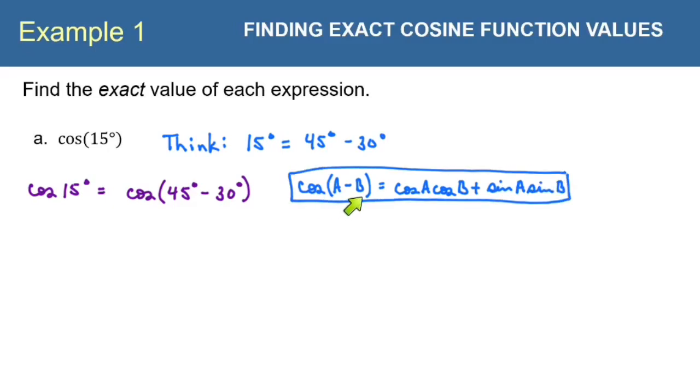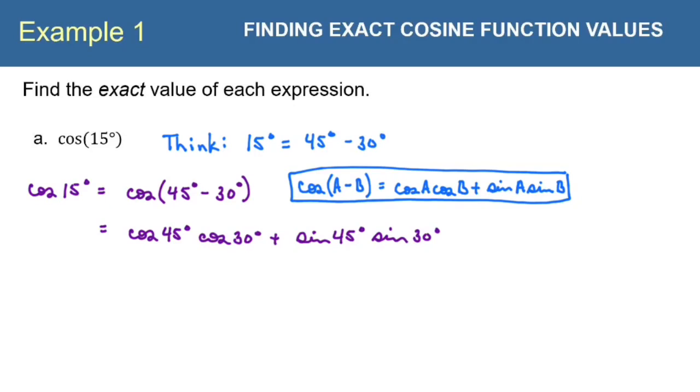The cosine of A minus B is equal to the cosine of A times the cosine of B plus the sine of A times the sine of B. So when we apply this formula, the 45 degrees will take the place of A, and the 30 degrees will take the place of B. So here we go. Cosine of 45 degrees minus 30 degrees is going to be cosine of 45 times cosine of 30 plus sine of 45 times sine of 30.